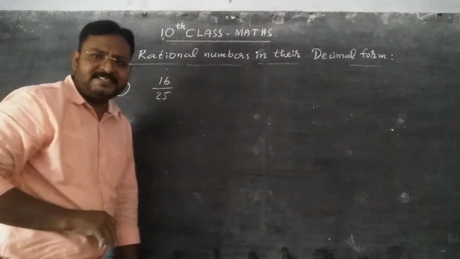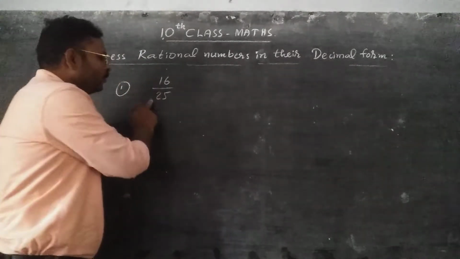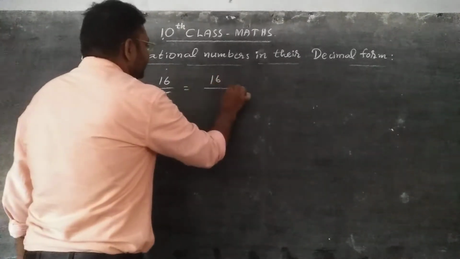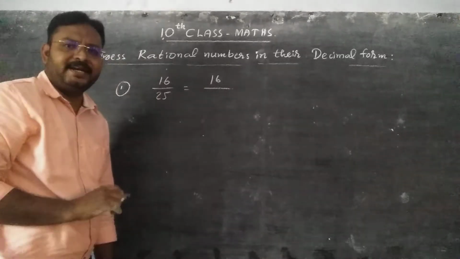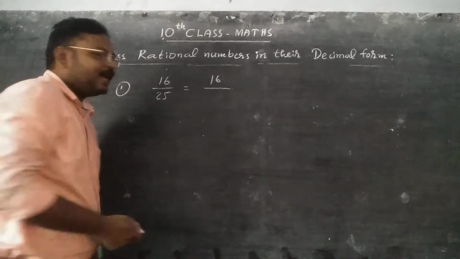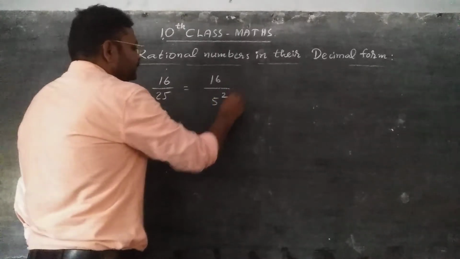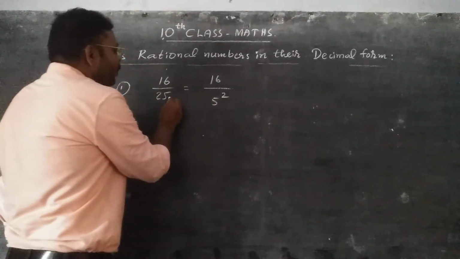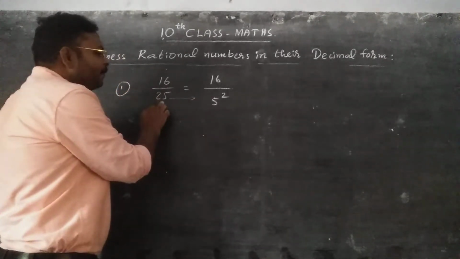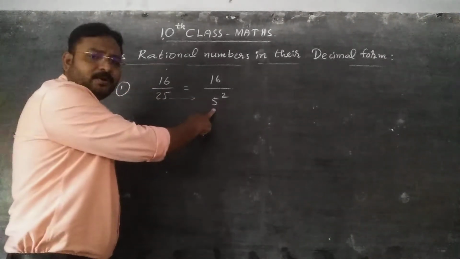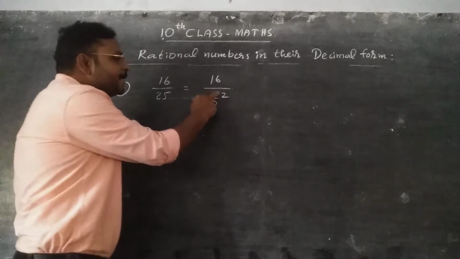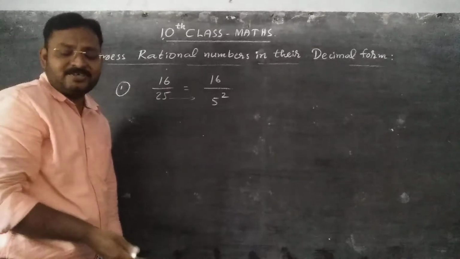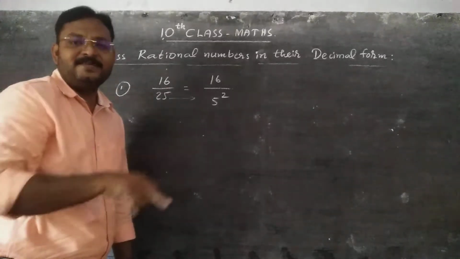Here 16 is the numerator and 25 is the denominator. 25 can be written as 5 square, which means the denominator is of the form 5 to the power of m. So the decimal expansion should be terminating.